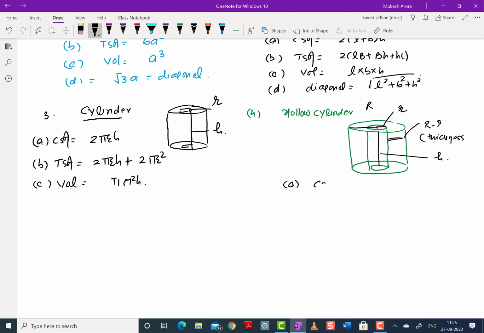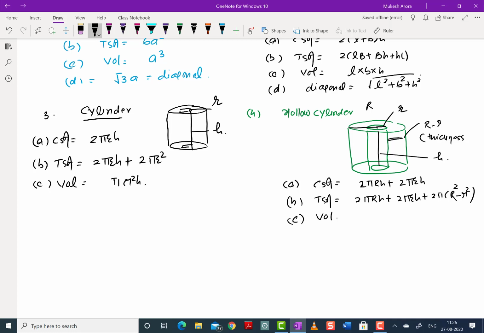First is the curved surface area, that is curved surface area of outer plus curved surface area of inner. Total surface area is curved surface area plus area of base and top, that is the area of the ring as we have done in circle.